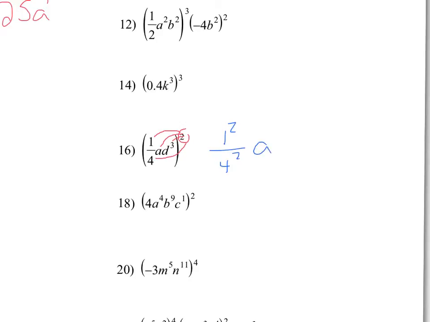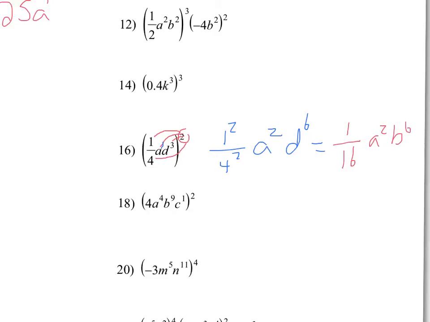A has a power of 1, so when you take that power to another power, we multiply, so now it becomes 2. D has a power of 3, raised to a power of 2. In that case, we multiply again, so now we have 6. So 1 squared is 1, 4 squared is 16, a squared b to the 6th.